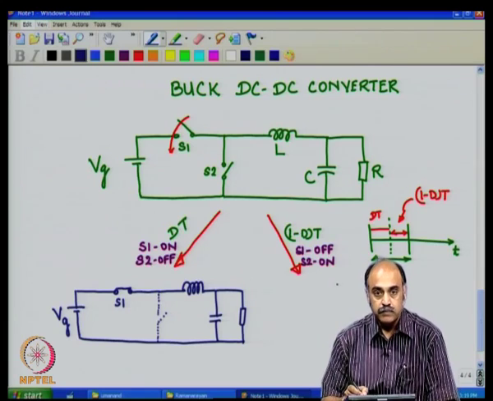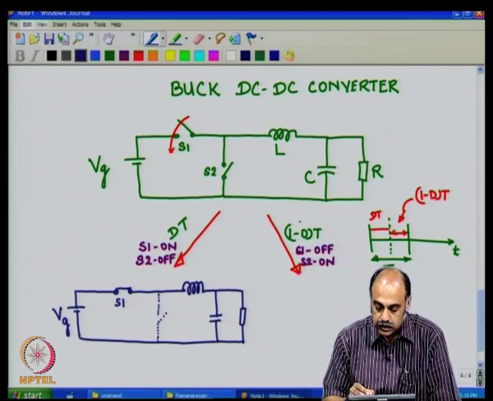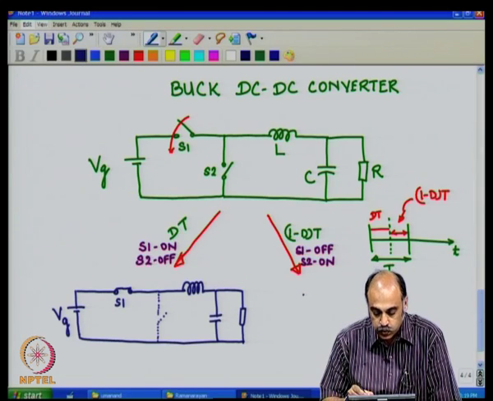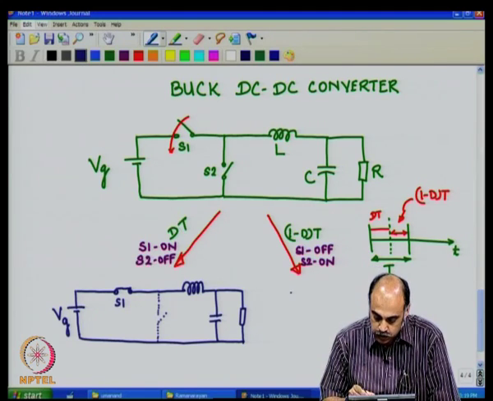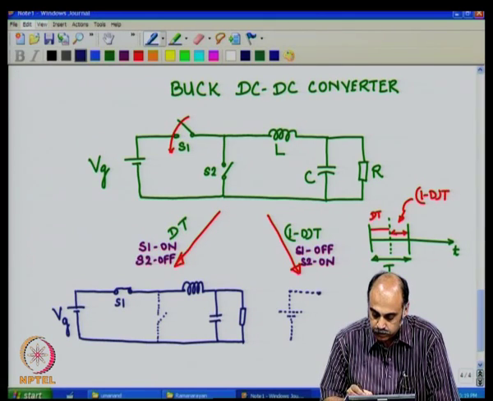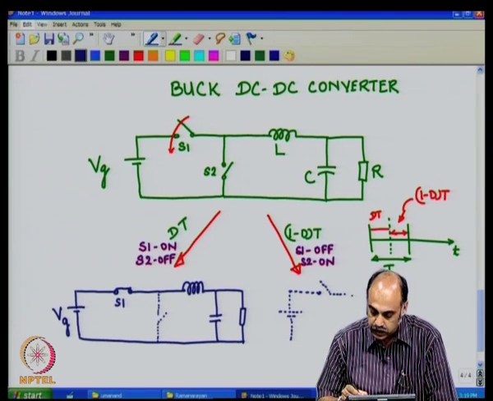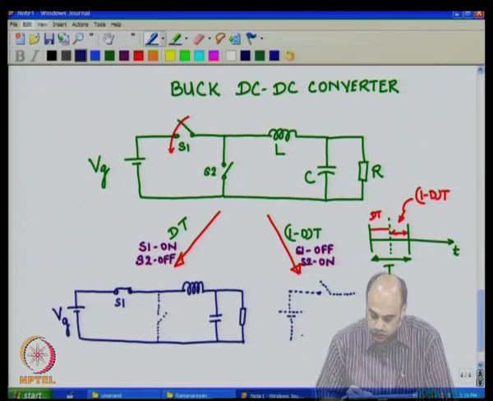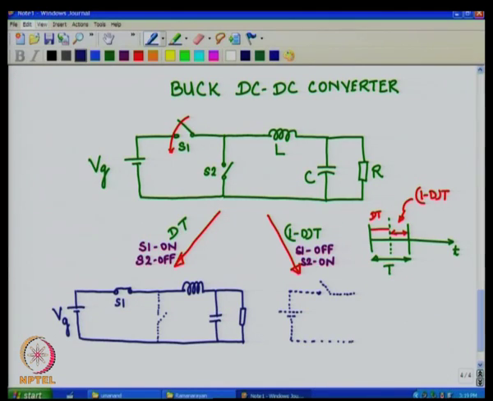During the time 1 minus dt, the switch S2 is on and S1 is off. Which means the supply, which I am going to show dotted now, is out of the picture, and as switch S1 is open, it removes that portion out of the circuit.